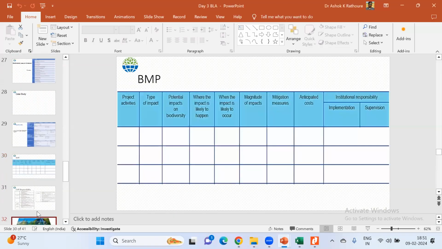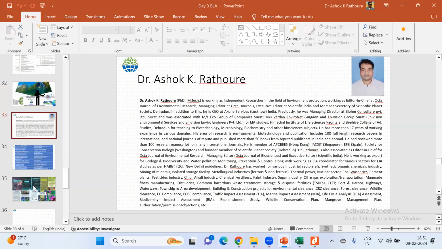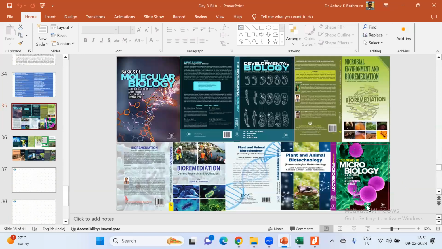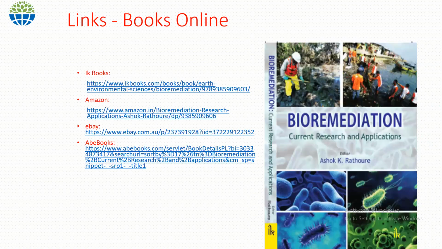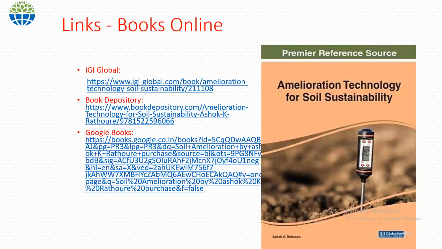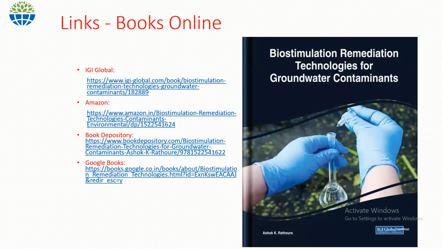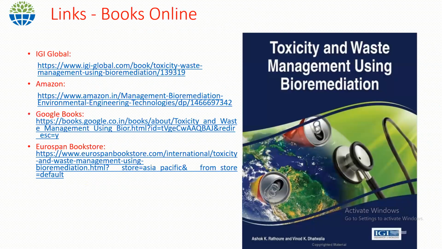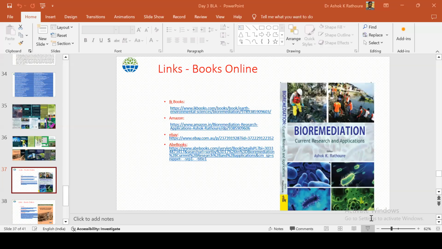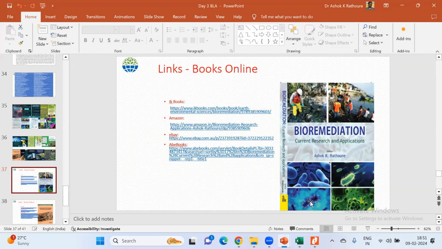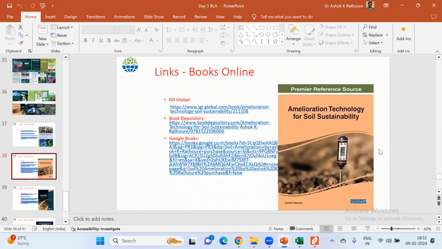After this we have given links for the books, like zero waste emulsion technology, biostimulation remediation technologies for groundwater contamination, and toxicity and waste management using bioremediation. Such books we have already published as reference books, and these are available on Amazon and other online portals. You can also procure them from Book Depository, Google Books and IGI Global.